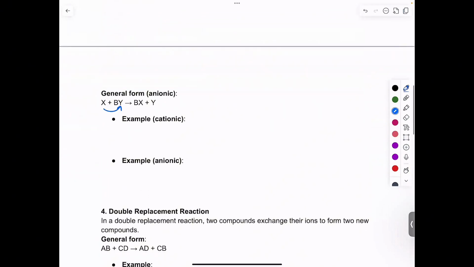Got it. Okay, so we have some space here for cationic and anionic. I would say, for instance, zinc plus copper chloride. I think we can use that as an example. And then zinc will just displace copper to make zinc chloride plus copper.